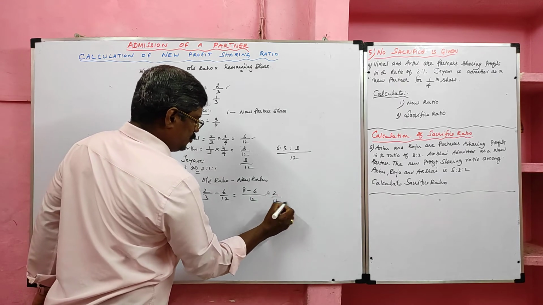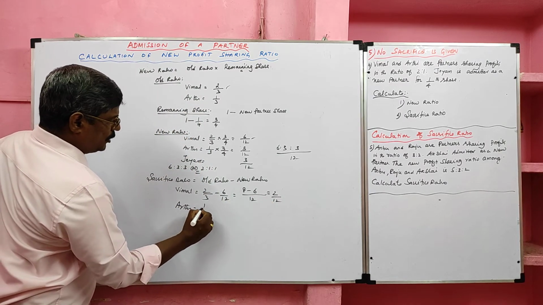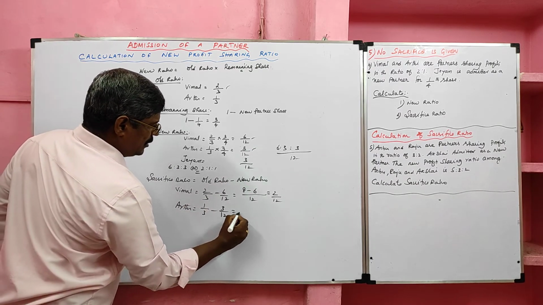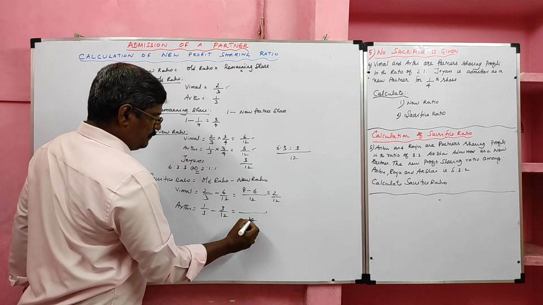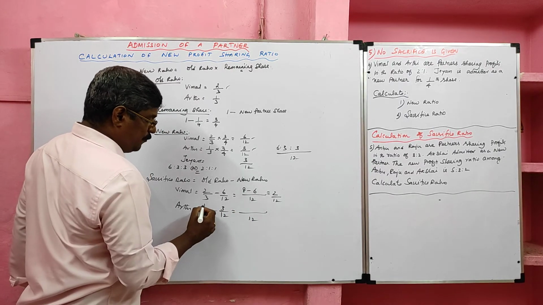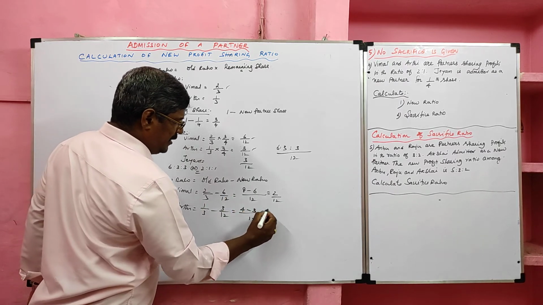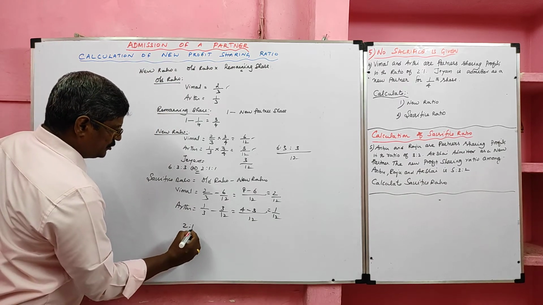So 2/12. Then Aarti, old ratio 1/3, new ratio 3/12. 12 divided by 3 is 4, 4 1s are 4, minus 3. So 1/12. So the sacrifice ratio is 2:1.